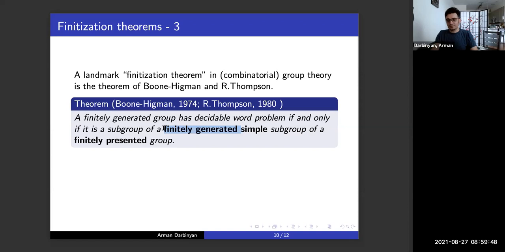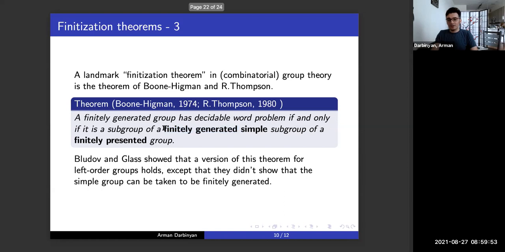And in this context, Bludov and Glass showed that a similar theorem is true if one restricts to the class of left orderable groups. Namely, a finitely generated left orderable group has decidable word problem if and only if it is a subgroup of a simple subgroup of a left orderable finitely presented group.